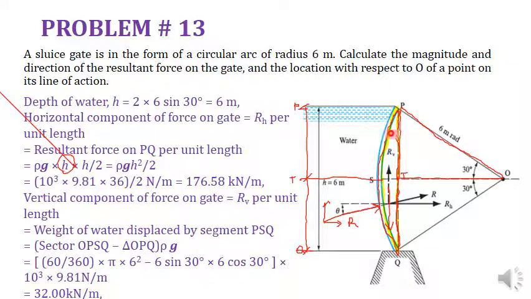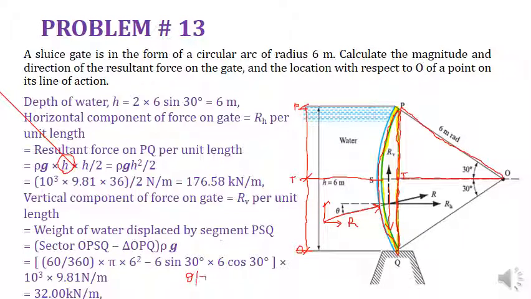The triangle OPQ, if we subtract this triangular area, the area of the triangle OPQ from the area of the complete sector OPSQ, then we get the area for P, S and Q.